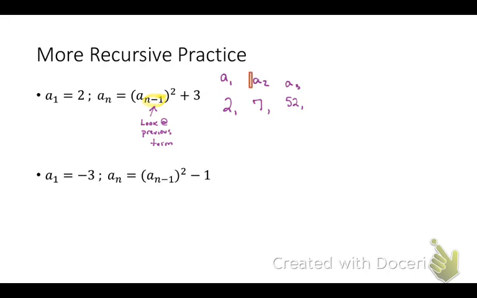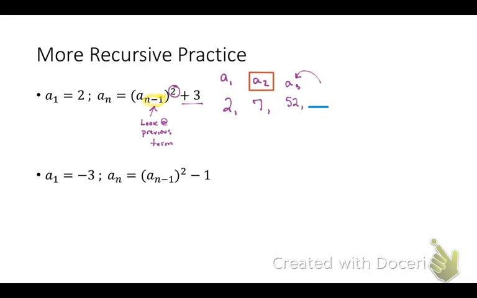So I've got to look at whatever my second term is. If I want to know what this number is, I've got to go back here, do the squared, and then add the 3 to it. Does that make sense? I'm not subtracting 1, I'm going back to the previous term. But that's a good question.